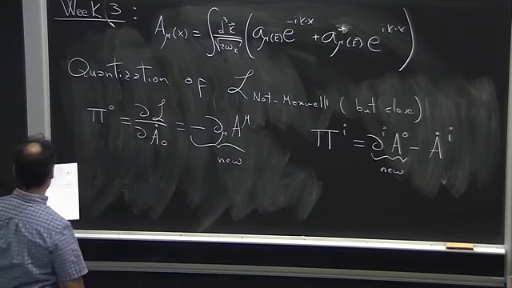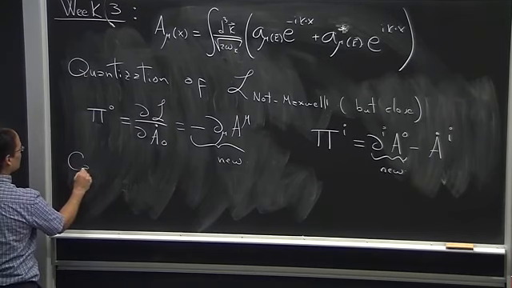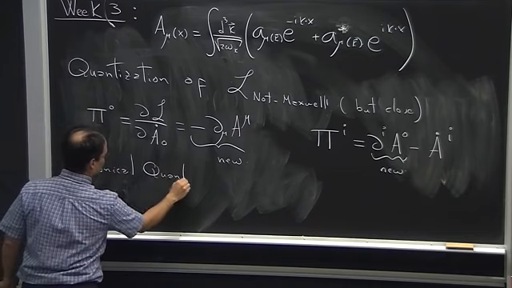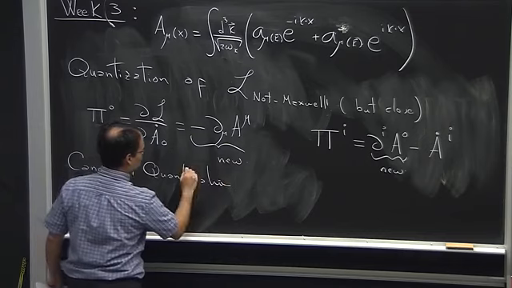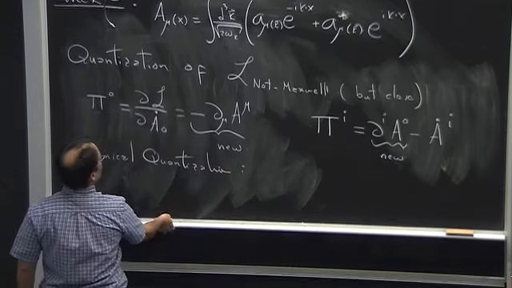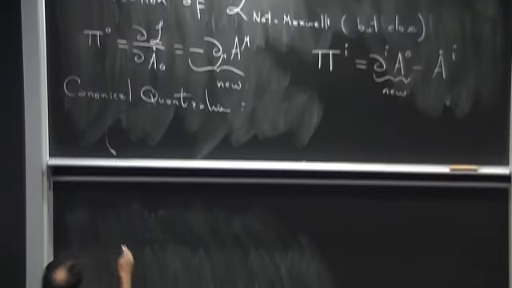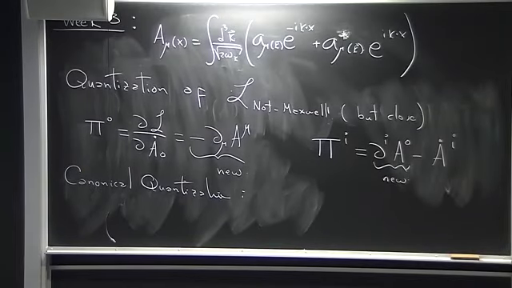So having the momenta, we can just do canonical quantization, right? If we want to do canonical quantization, we start by imposing equal time commutation relations. We promote our fields to quantum operators. This is 0, and the same thing for these.